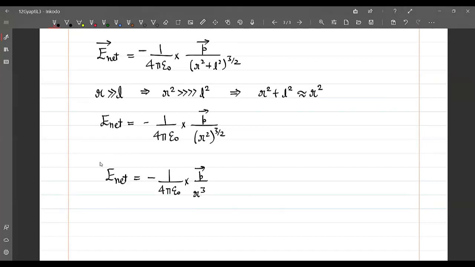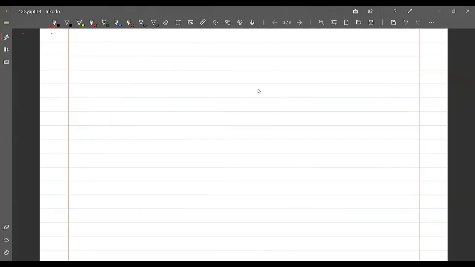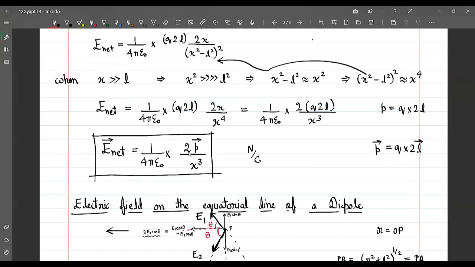This is on the equator. This is the result. And if you compare this result and the previous result, the electric field on the axis is double that of the equator.